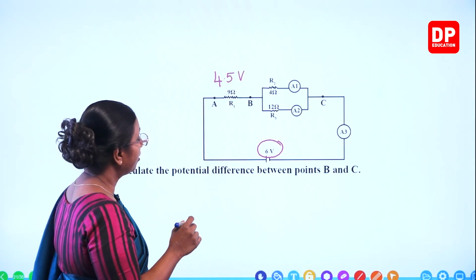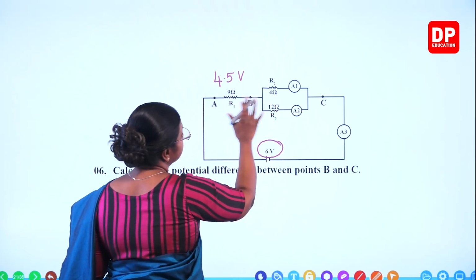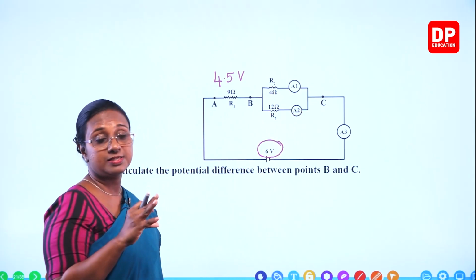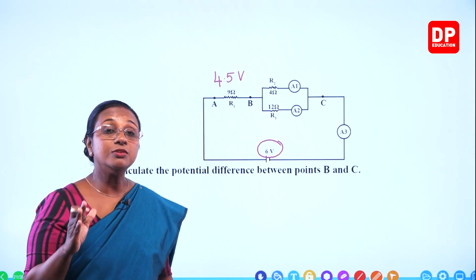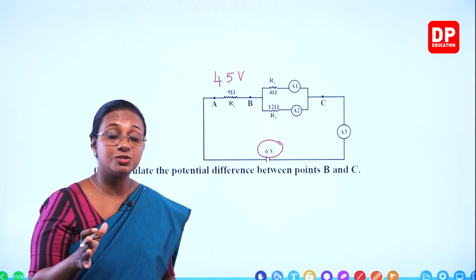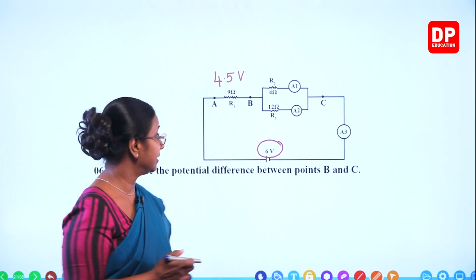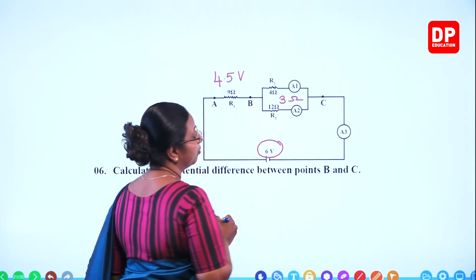This one and this whole unit of resistors are in series combination, so according to the resistance, the potential difference will be distributed. Here we have 9 ohm resistance, and the equivalent resistance was 3 ohms.